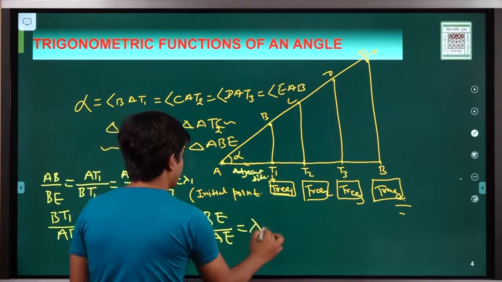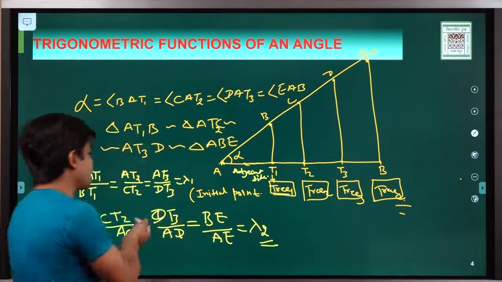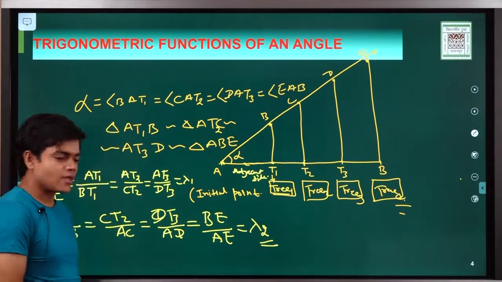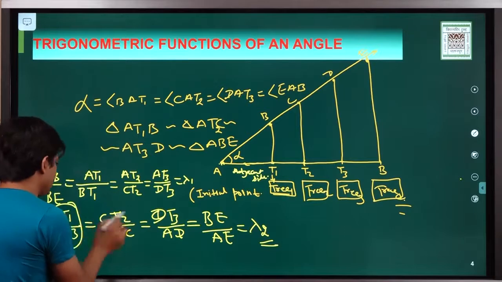Call it lambda 2. So this is another kind of ratio, and all these will be equal.